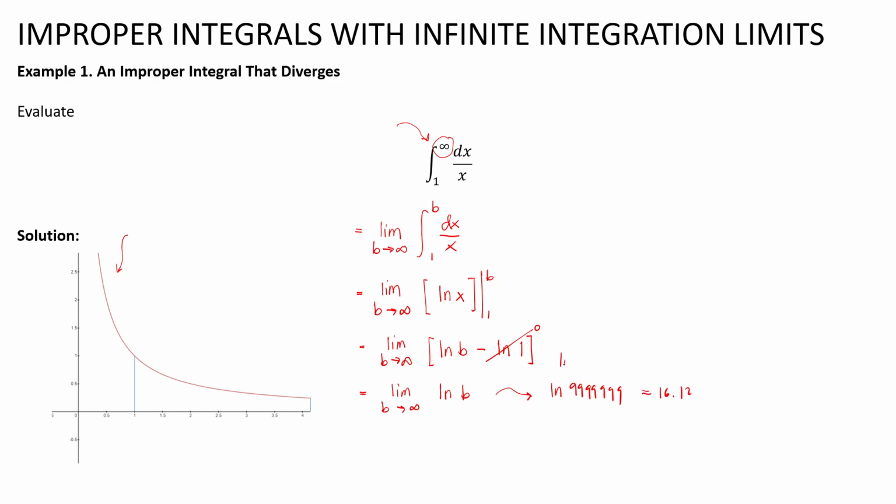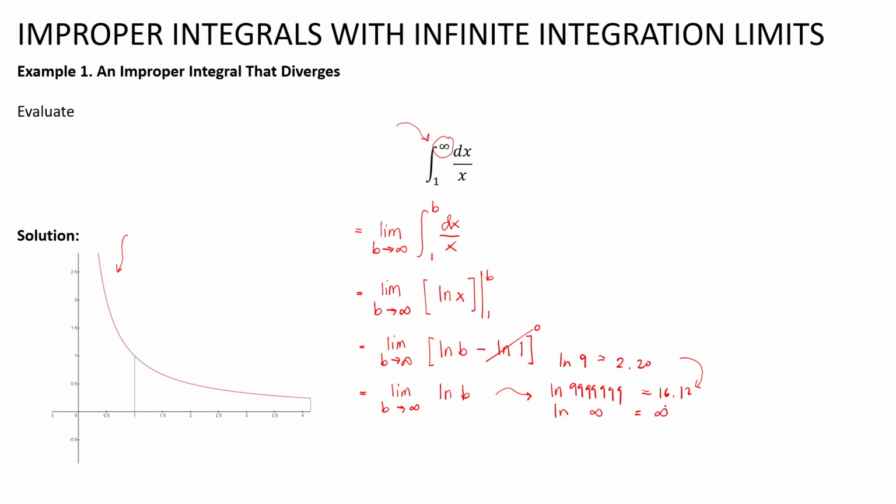How about, let's say, ln 9? It's only 2.20. If you keep on adding large amounts of numbers, notice that the value is increasing. So how much more if ln to infinity?